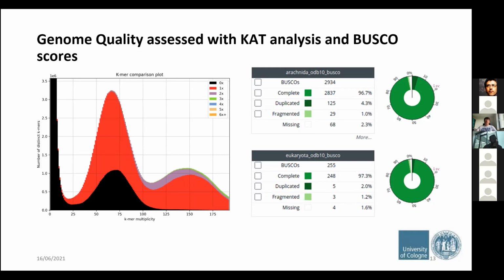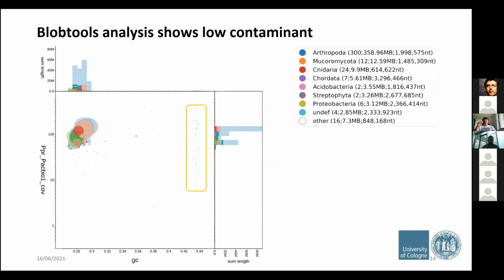The BUSCO analysis uses two databases, eukaryotic and arachnid, using single-copy genes to detect the completeness of our Platynothrus genome. They are both about 97%. So our genome is complete. Vectors results show our assembly has low contamination.